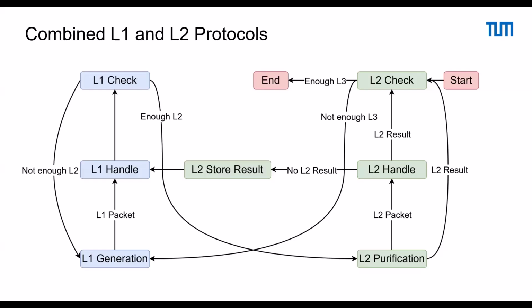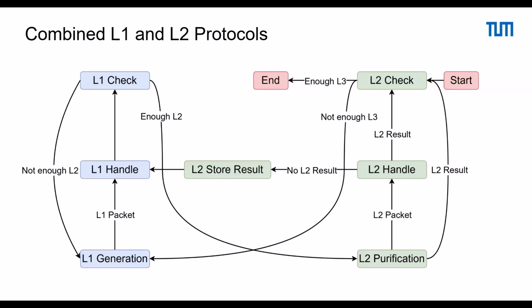What can happen, and this is quite important for purification, is that we receive a packet from one memory that the other side already purified, but we didn't. So we have this separating of the states in terms of what we need to do.